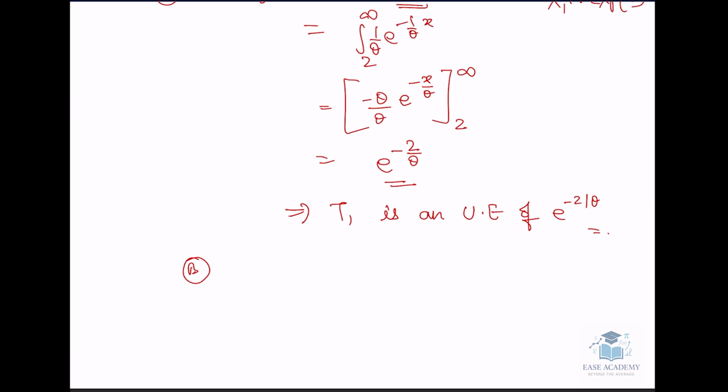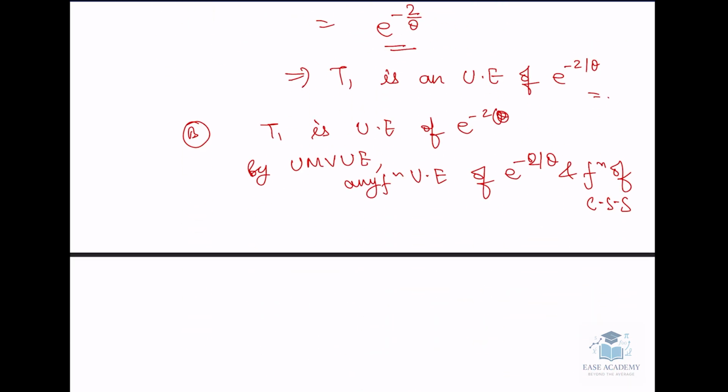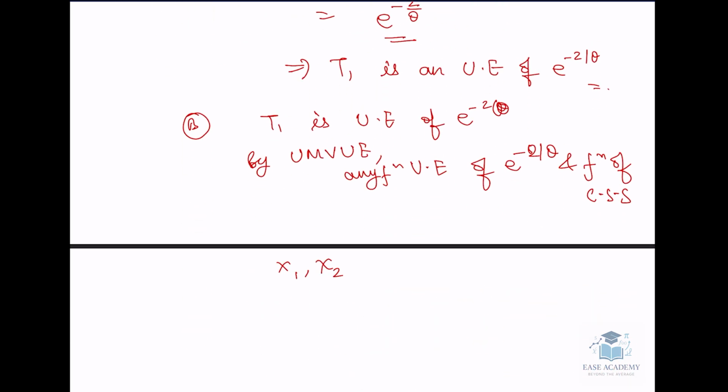Since we found from the first part that T1 is an unbiased estimator of e to the power minus 2 by theta, by the definition of UMVUE, we need to find an unbiased estimator of the parameter e to the power minus 2 by theta that is a function of a complete sufficient statistic. Here the random sample is X1 and X2.